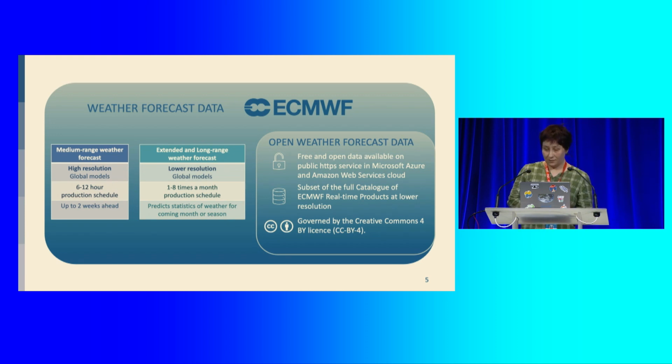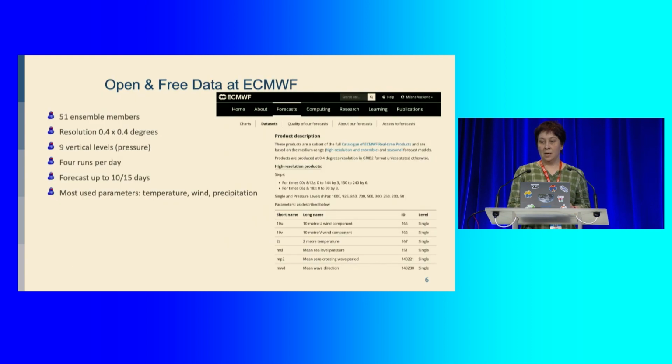One subset of this is now open with the CC BY 4.0 license, and it's available from our service, but also from Amazon Web Services Cloud and Microsoft Azure. So what is in this free data set? It is all our 51 ensemble members.